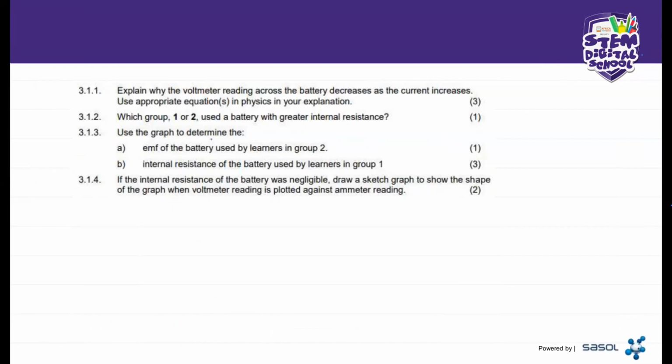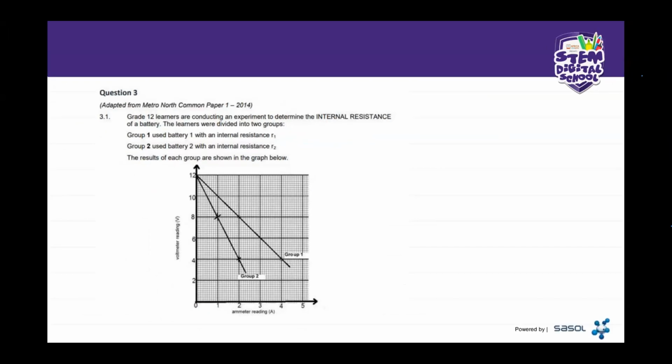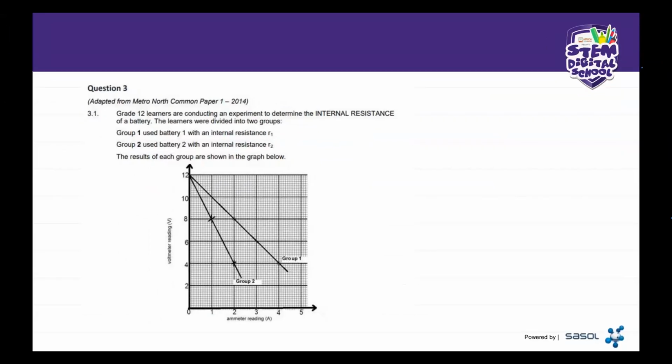So it says on B, internal resistance of the battery used by learners in group 1. Okay, so here you can take any point, hey? You can have V1, V2, V3, R1, R2, R3, R4.